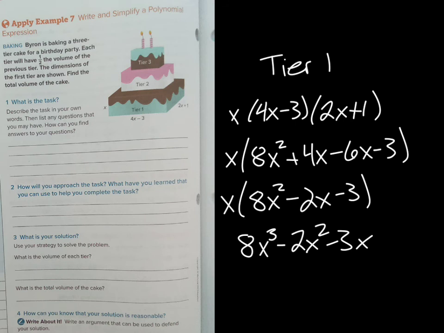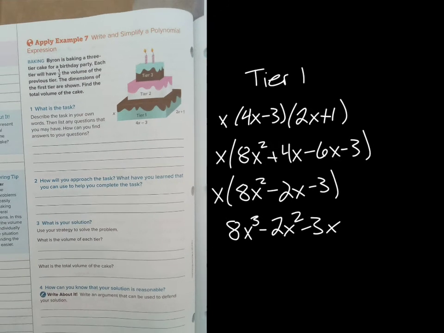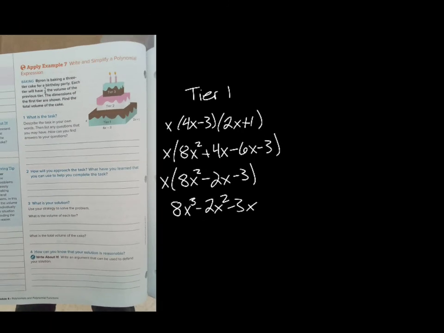Now they say some things about tier 2 and tier 3. So compared to tier 1, what's the volume of tier 2? Half of that. So how do we find half of that? Divided by 2, or I want to do it by multiplication though.